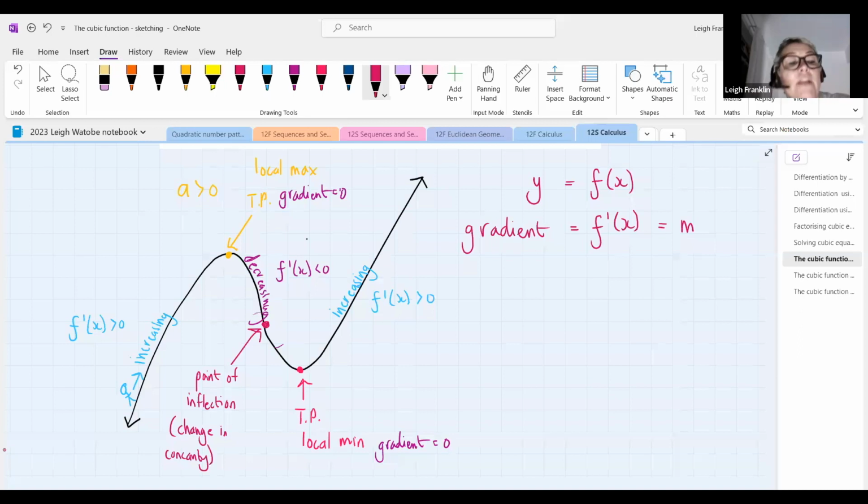So we have a change in gradient at our turning points, and we have a change in concavity at our point of inflection. What is the symbol for concavity?